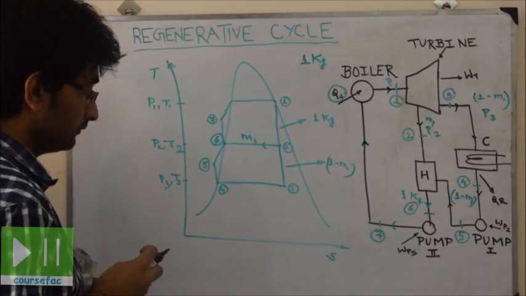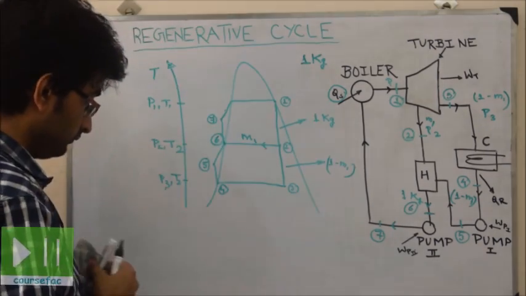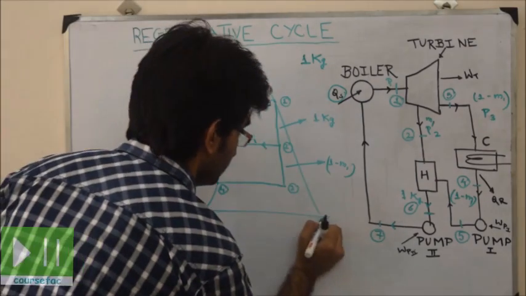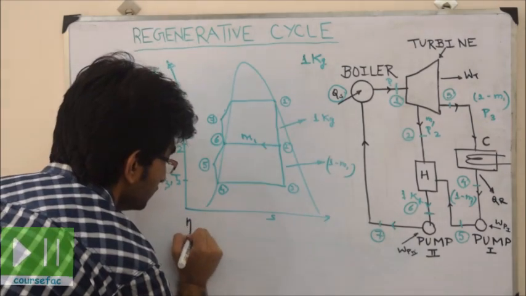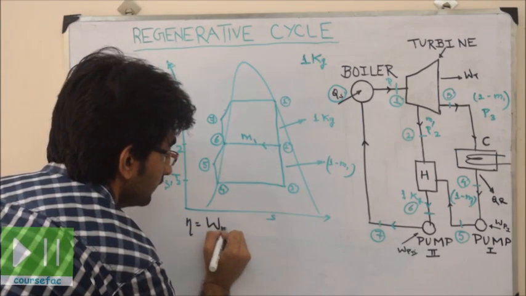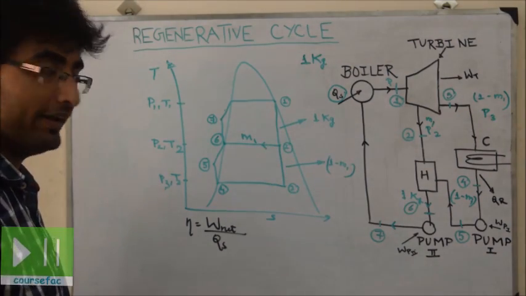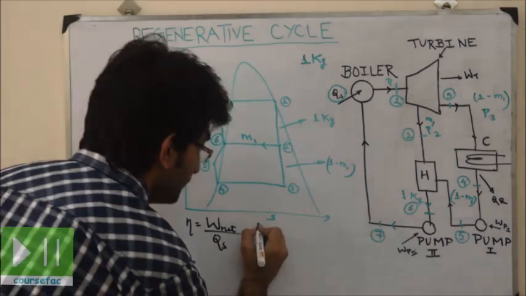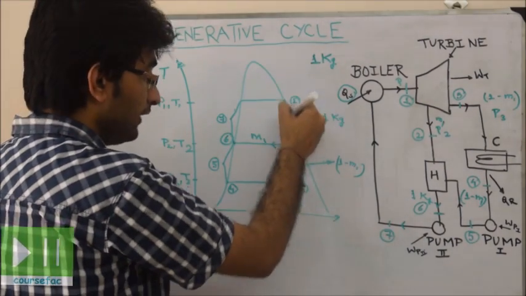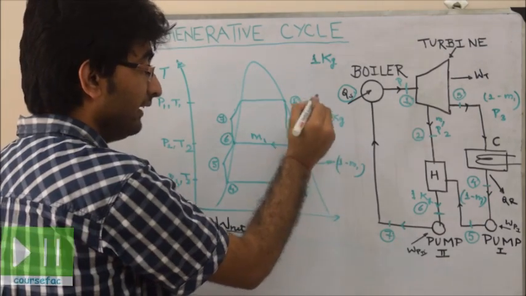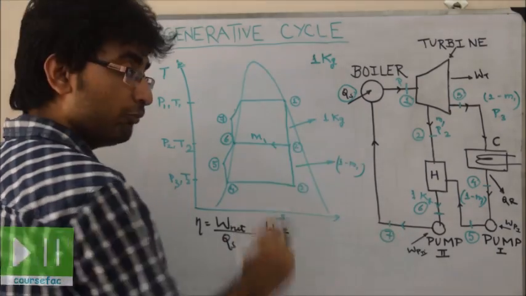As we know that efficiency is equal to net work by heat supplied, and net work is equal to work done by turbine minus work done by pump. So work done by turbine: from point 1 to 2 there is work done by turbine for 1 kg of steam, and from point 2 to 3 work done by turbine is for 1 minus m1 kg of steam.